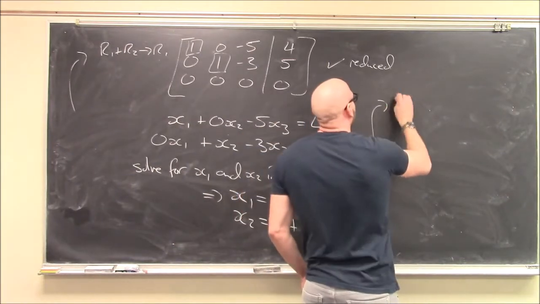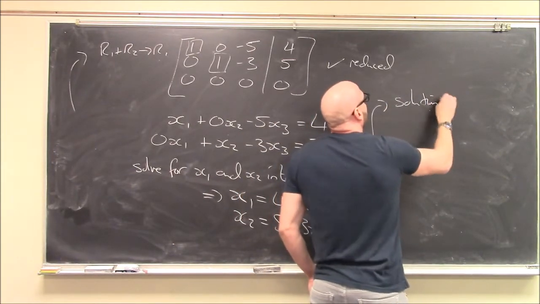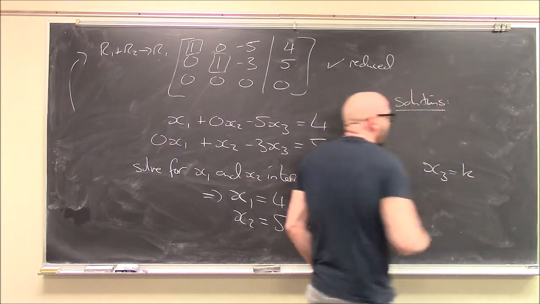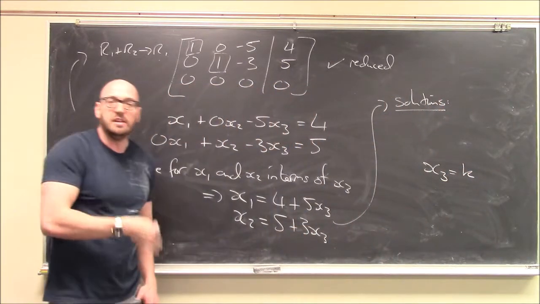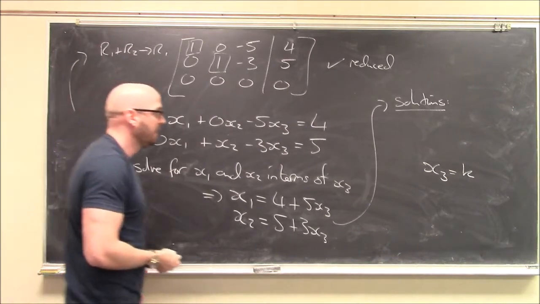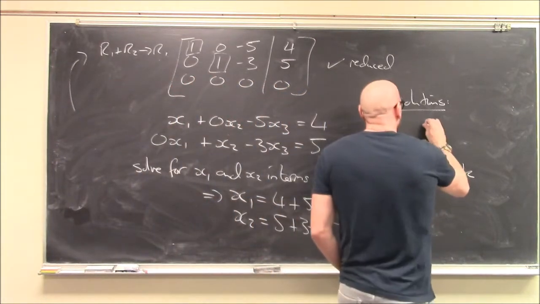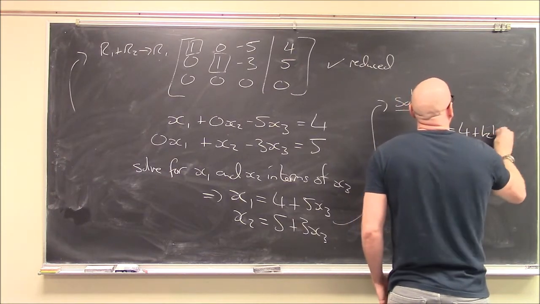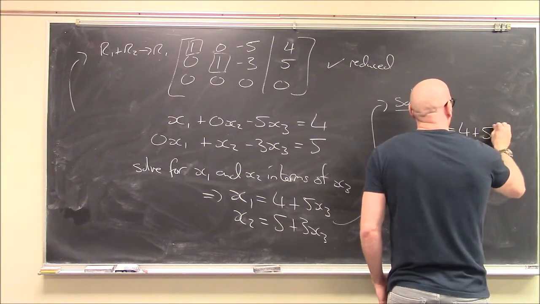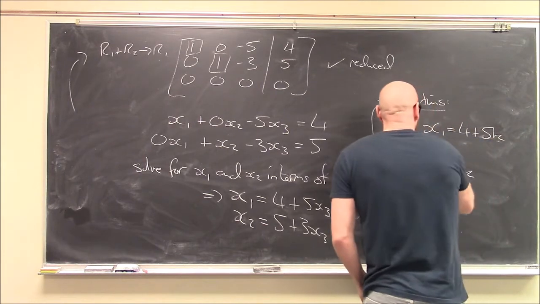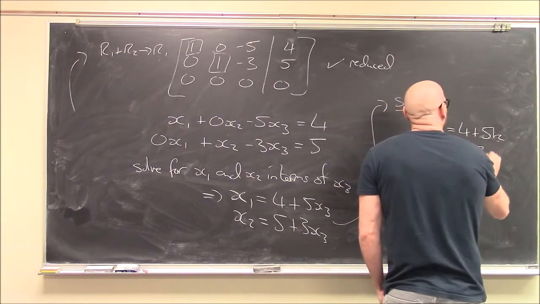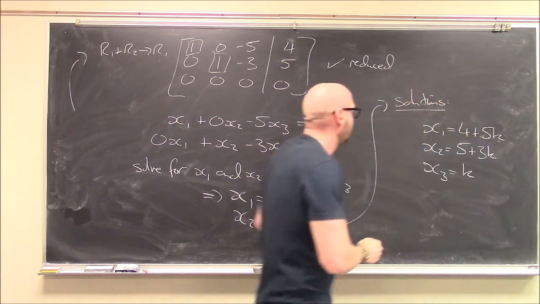And my solutions then are, I'm going to let x3 be my parameter, k, or t, or s, or whatever you want to call your parameter. x3 is k, and that means that x1 then is going to be 4 plus 5k, and x2 is 5 plus 3k.